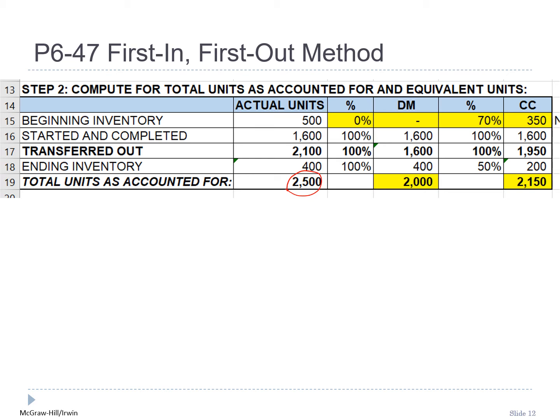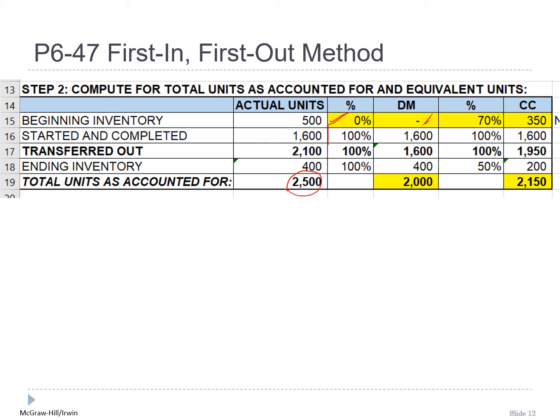Since we said direct materials are added at the start, that means that last April it was already 100% complete as to direct materials. So we will not add any direct materials this period, because all of its direct materials were already added last month. Therefore, for this month, the percentage of completion we assign is 0%. That's why I put 0% here. So for the EUP computation, 500 actual units multiplied by the percentage of completion, the EUP for this period is 0.